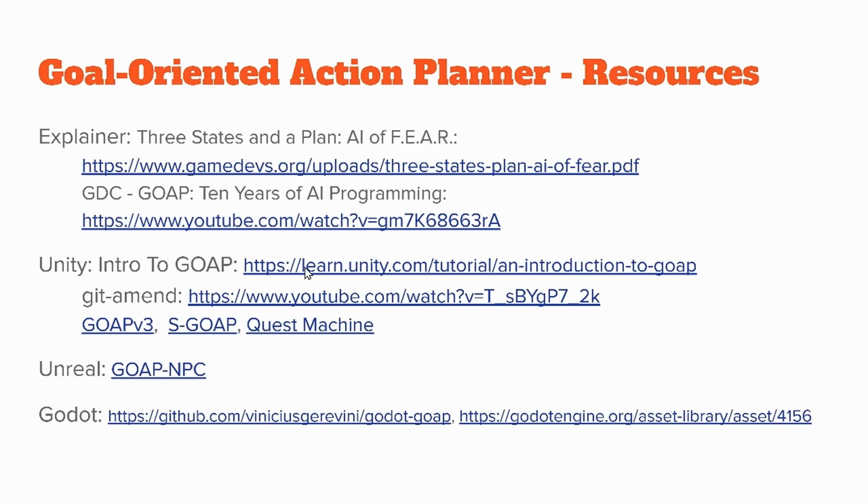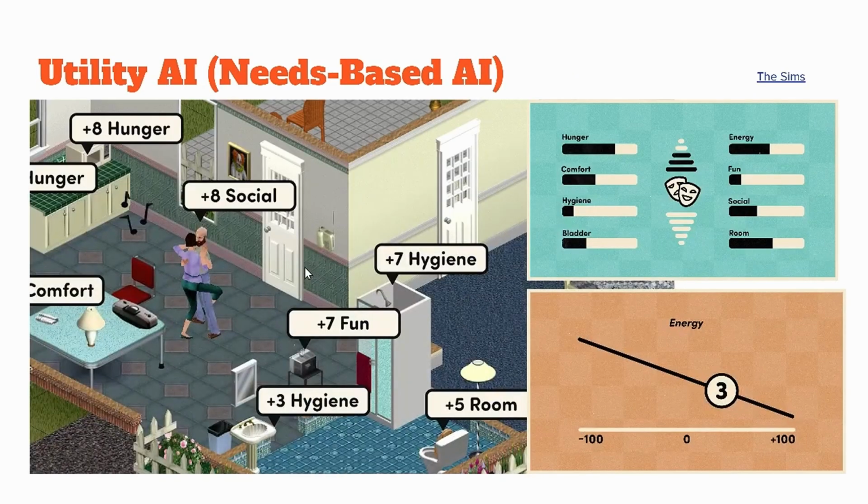So the last of these traditional types of behavioral AI to go over is utility AI, or needs-based AI. The Sims really made this type of AI famous.